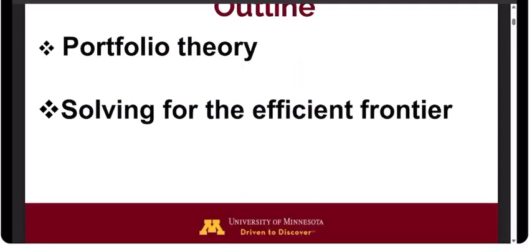So I walked you through the portfolio theory yesterday, and today is how do we actually put in place the efficient frontier. Efficient frontier is a portfolio that can minimize the risk. There's a lot of risk in this life. We live in a stochastic environment, whether in finance, medical, physical, or psychological environment, they are all found to be probabilistic.